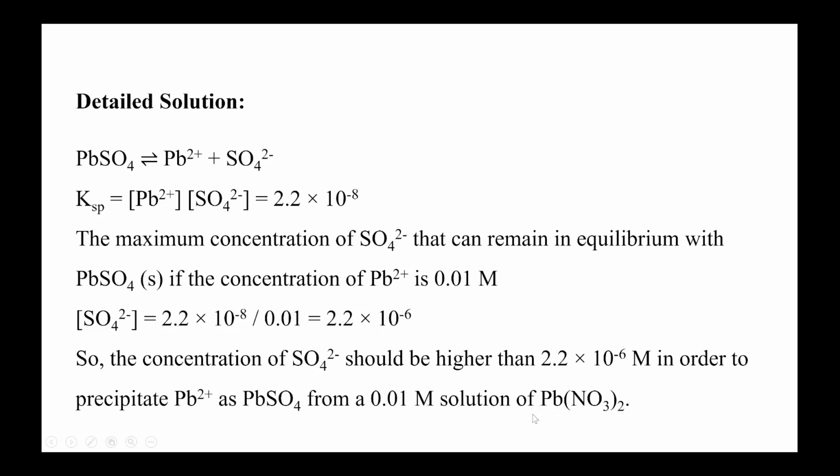Now, if the concentration of Pb(NO3)2 is 0.01, Pb(NO3)2 will dissociate into Pb2 plus and 2 moles of NO3 minus. So 1 mole of Pb2 plus and 2 moles of NO3 minus. So the concentration of Pb(NO3)2 will be equal to the concentration of Pb2 plus.